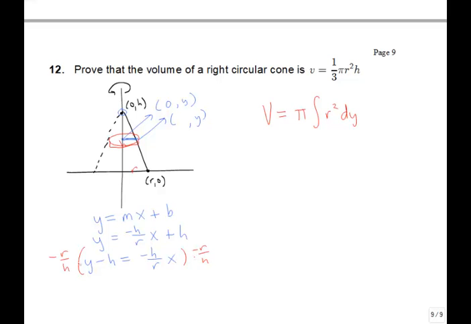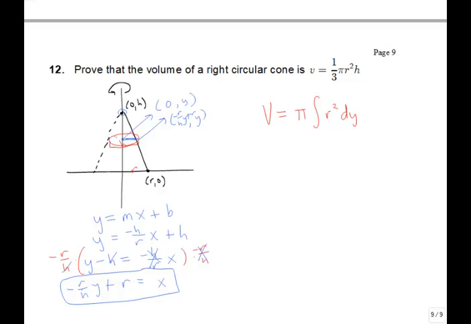And if I multiply that on the right side, that's just going to give me x by itself, because these will cancel out. And on the left side, I'll now have negative r over h y. And then a negative r over h times a negative becomes a positive. And here the h's cancel out, so we're just going to get an r. So this is what x equals in terms of y, and that's what I need to put right here. So negative r over h y plus r.